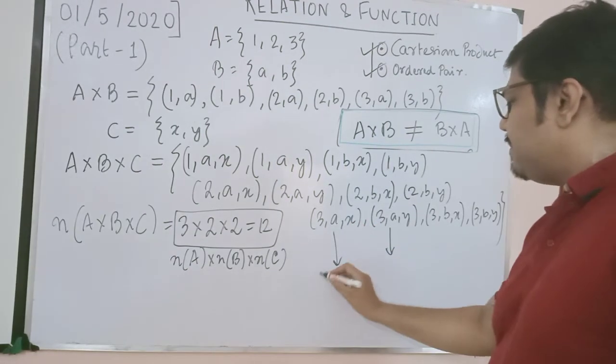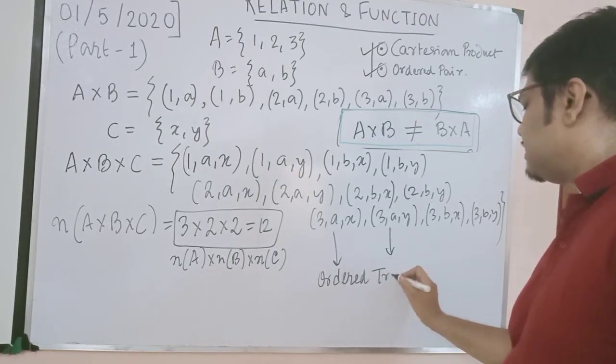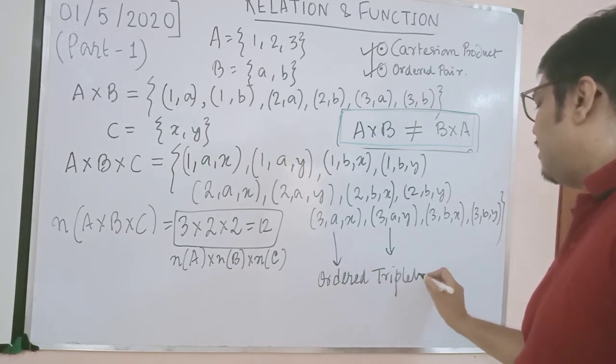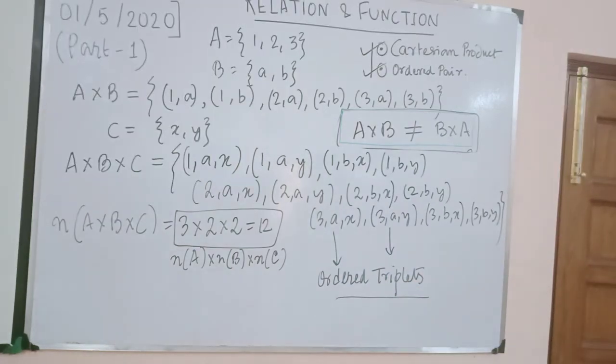These are not ordered pairs, but they are ordered triplets. As you can see, they are in the form of triplets. So now we will see a few sums related to this. Let us proceed.